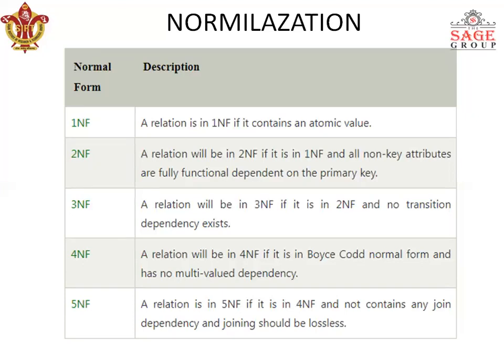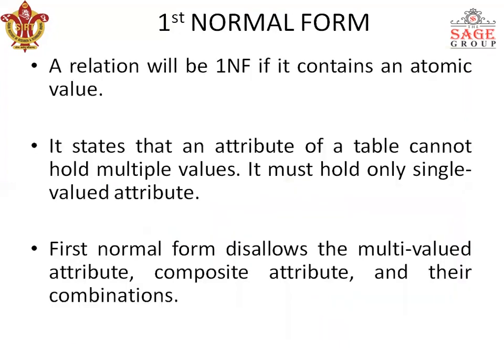So these are the 5 types of normalization, and we will start with first normal form. A relation will be in first normal form if it contains atomic values. It states that an attribute of a table cannot hold multiple values.